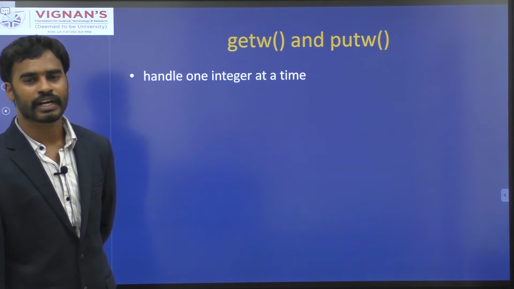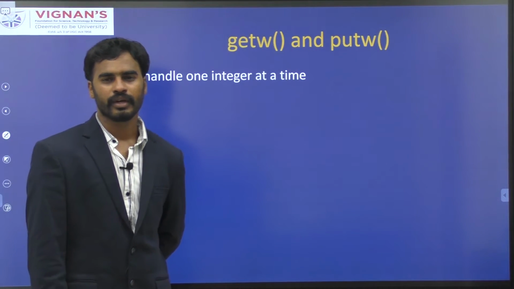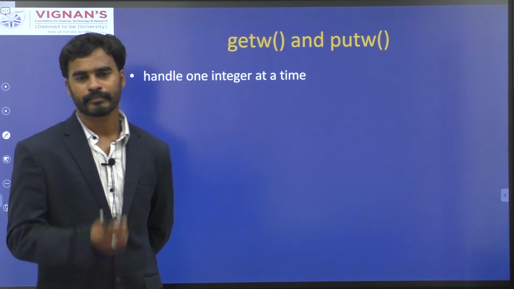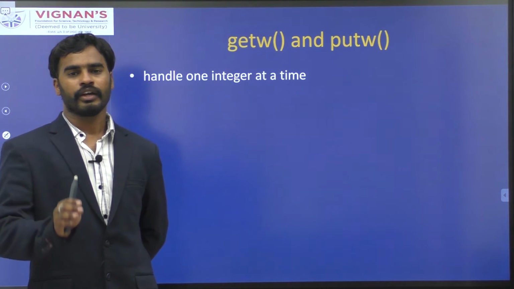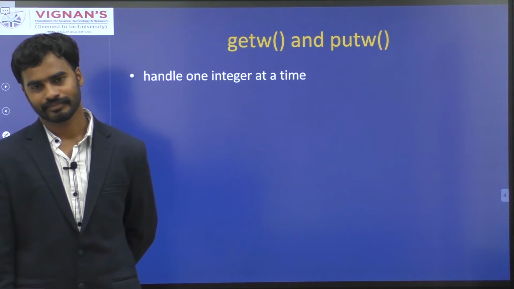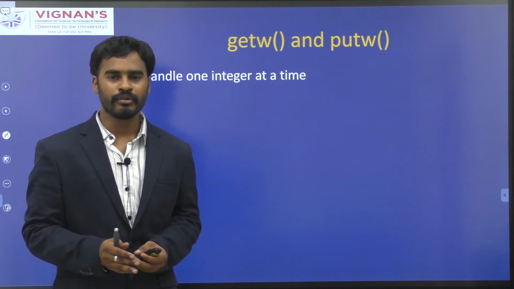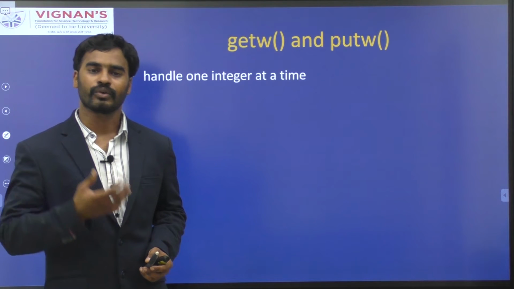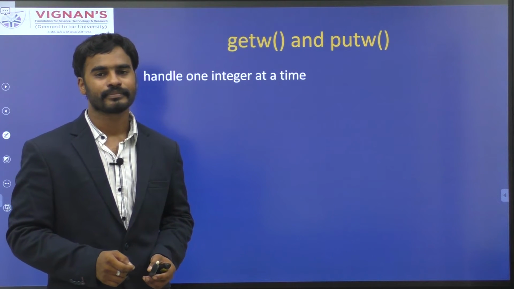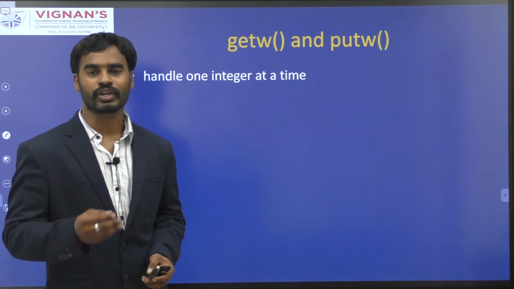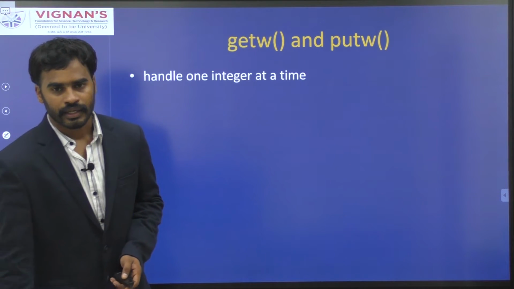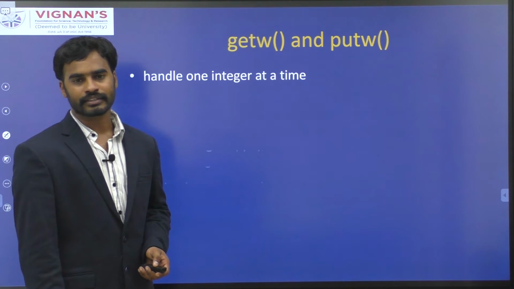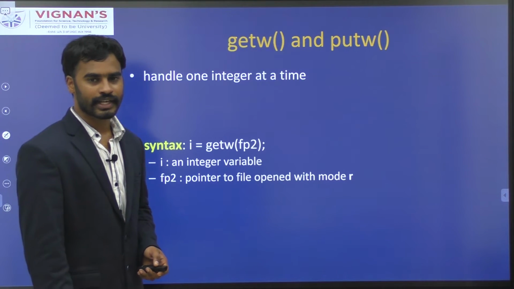The next set of functions is getw and putw. These getw and putw functions work only with integers. The getw function is to read one integer from the file, and the putw function is to write one integer to the file. We'll see the syntax of these two functions.